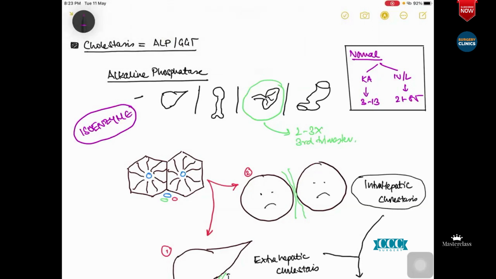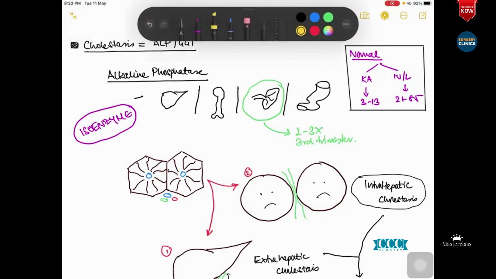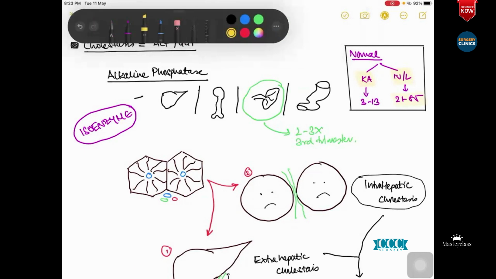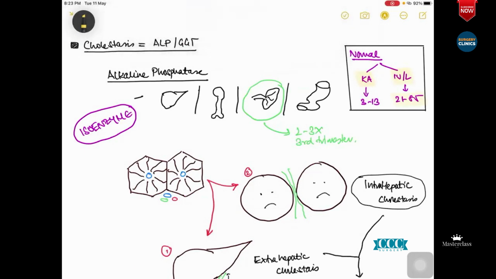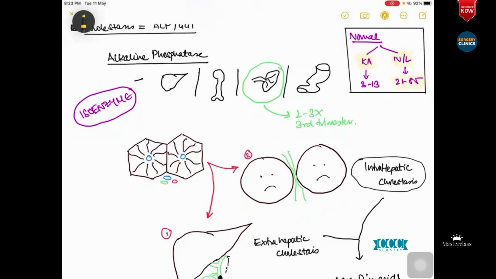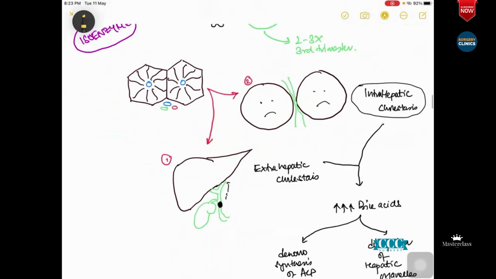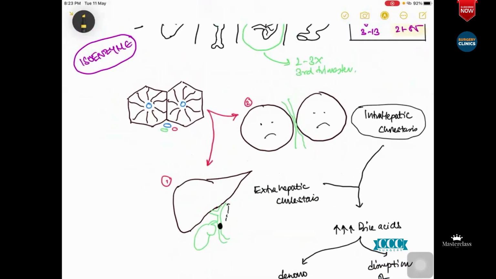Now the normal value can be measured in two units, that is King-Armstrong units, with a level from 3 to 13, or international units per liter, that is 21 to 85. This is the common one that you'll be using. The international units is the commonly used unit here in India. Now again you have your hepatocytes, your portal triad, and all of these things.